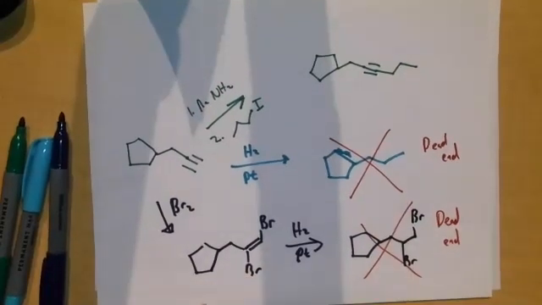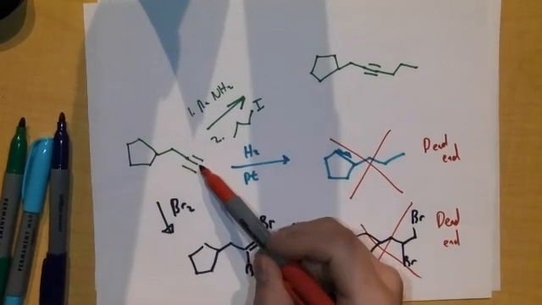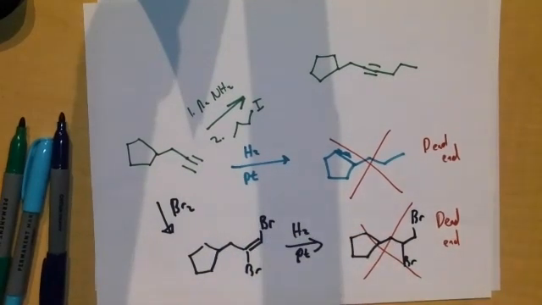And this is why I usually tell people if you need to alkylate, try to do it as soon as you can, because you're going to want to get rid of that alkyne at some point. And if you do that, you're not going to be able to alkylate again.